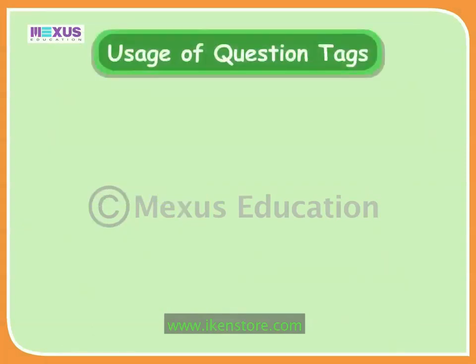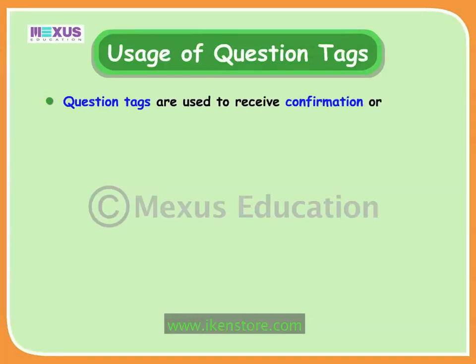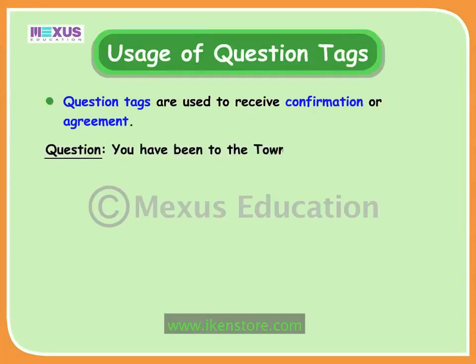There are lots of different question tags that can be used. They are all used to receive confirmation or agreement. If we ask a question, "You have been to the town library, haven't you?" we can get two answers.